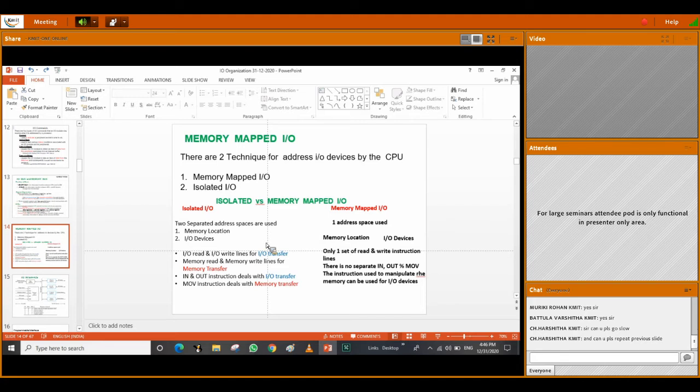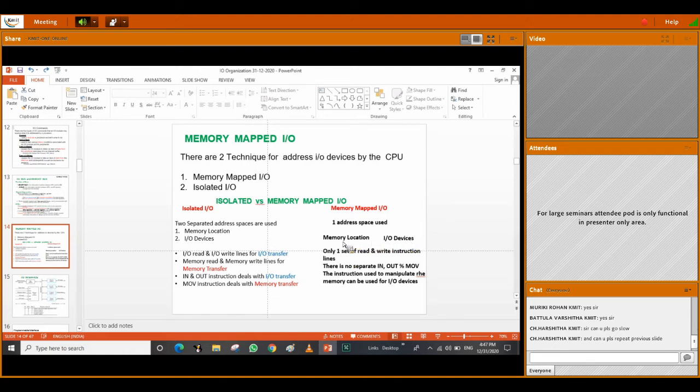Coming to memory mapped IO, one address space is used, and it is divided into two: memory location and IO device.